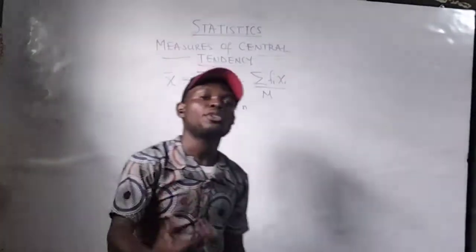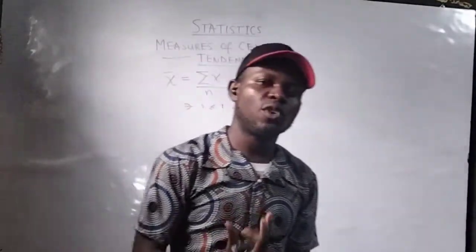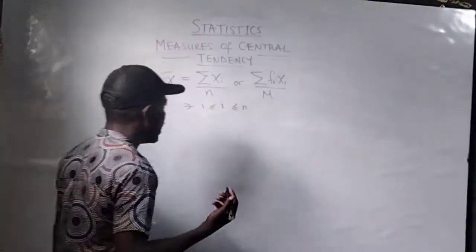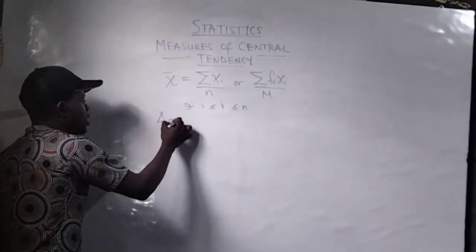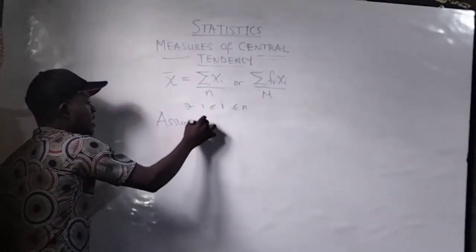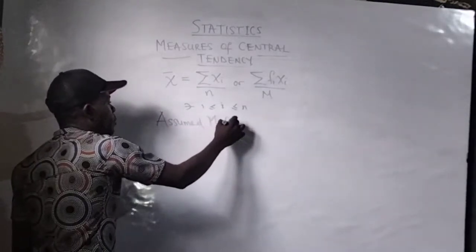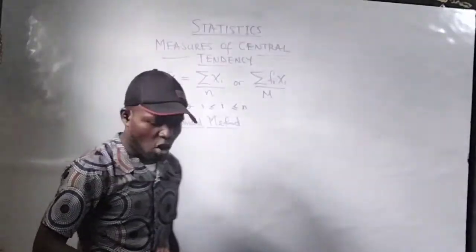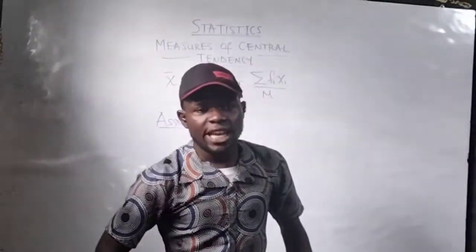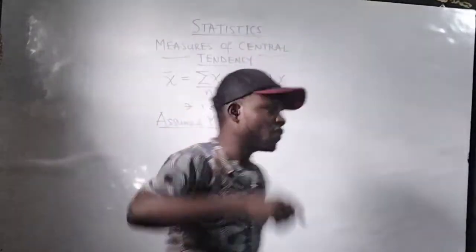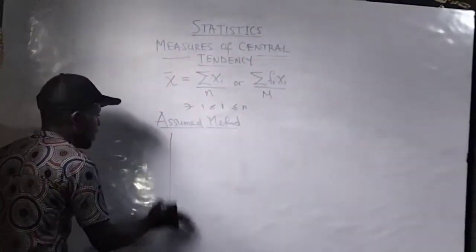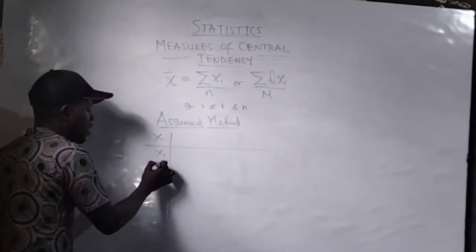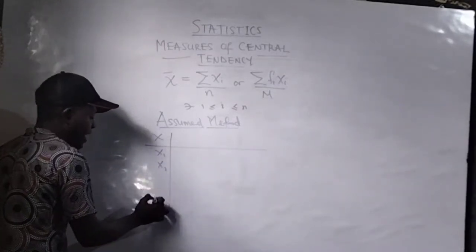You understand? But when it comes to solving for mean using the assumed mean method, we will have to come up with an idea. The idea is that in your given set of x values, for instance in a tabular form, you have your x1, x2, down to xn.